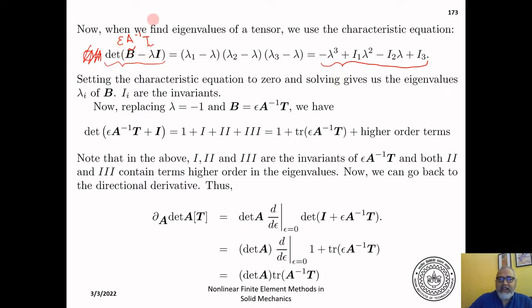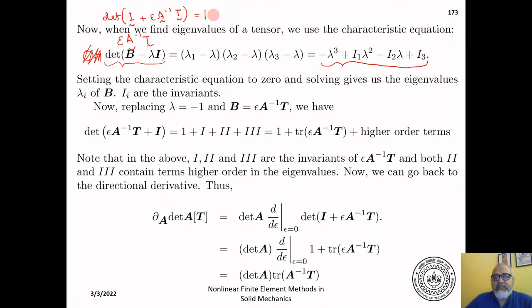So when we set lambda equal to -1, this becomes determinant of I plus epsilon A inverse T, which is what we want to evaluate, and that will be equal to, with lambda equal to -1, this is equal to 1.